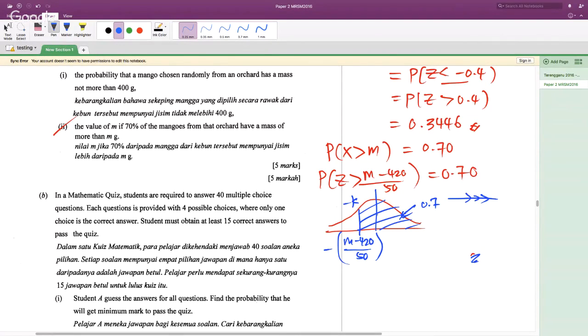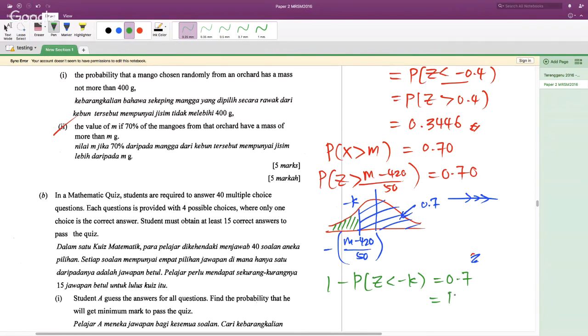In order to find the shaded region, I will use the total, 1, minus the green color part. So the probability for z less than negative k is equal to 0.7. Therefore, I will solve this to find my k value.